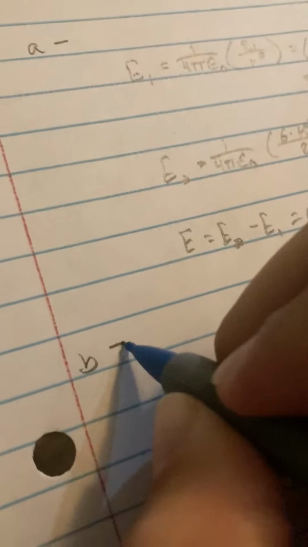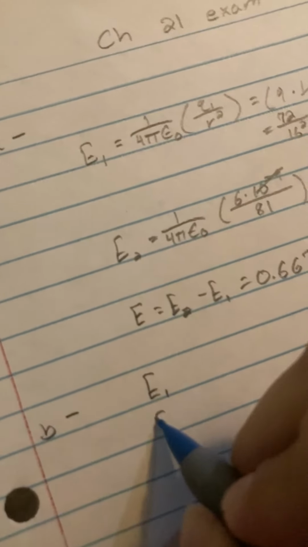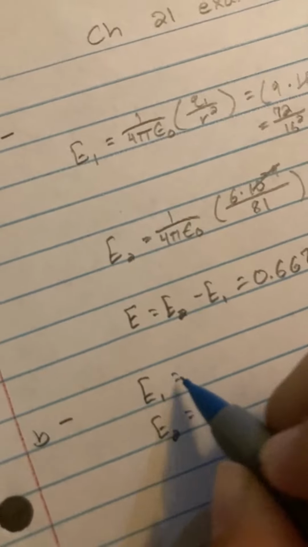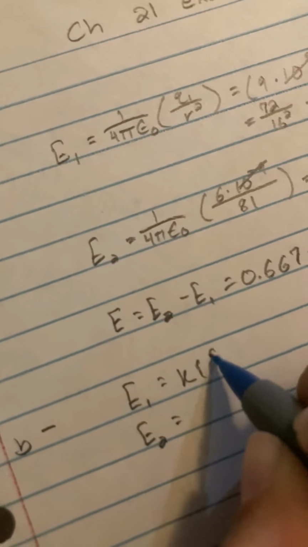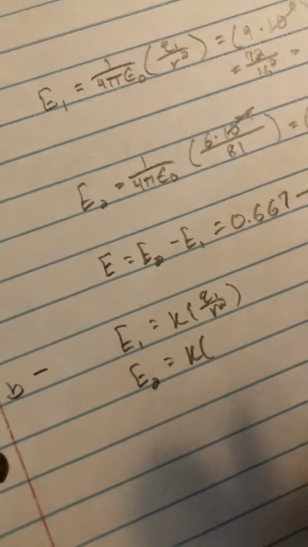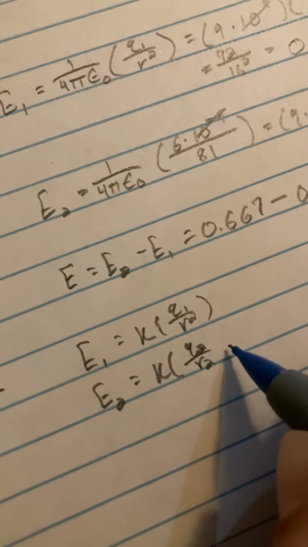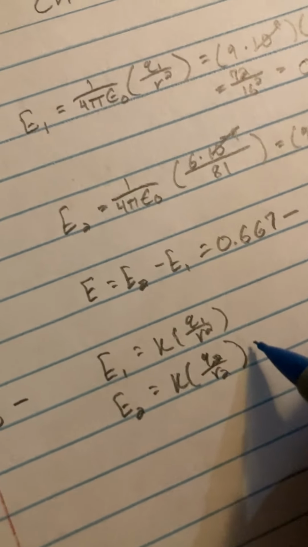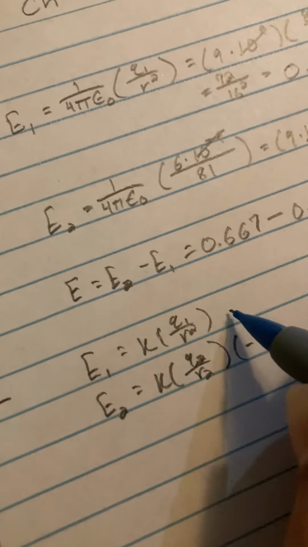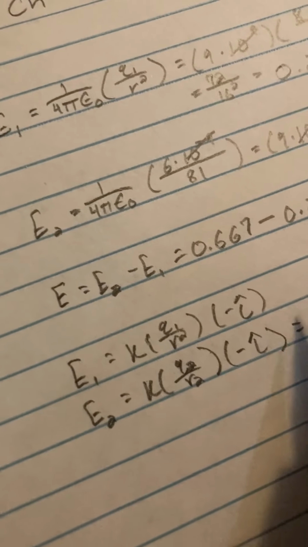Now, part B. All it's asking is to assume that Q2 is now negative. So doing the same thing, but Q2 is now negative. To do this one, part B, we know that E1 and E2 are both K times Q1 over R squared, and this one's Q2. And then we're going to multiply both by a negative i component, just to show that the x is moving to the negative.